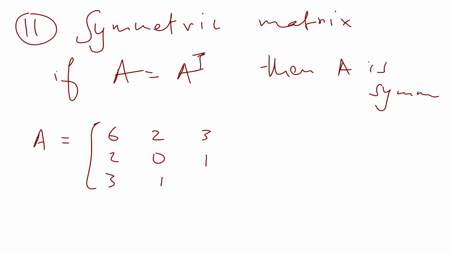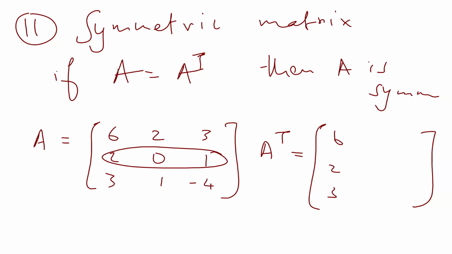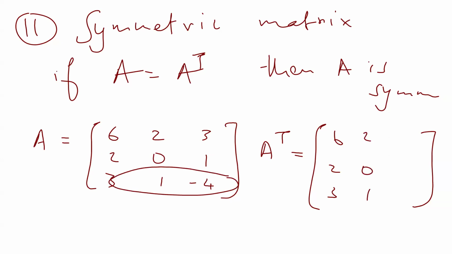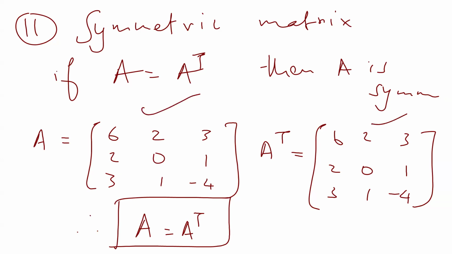This is matrix A. A transpose: first row will become first column, second row will become second column, third row will become third column. Now you guys tell me, is A equal to A transpose? Is this true or false? True. Are both same? Yes, both are same.